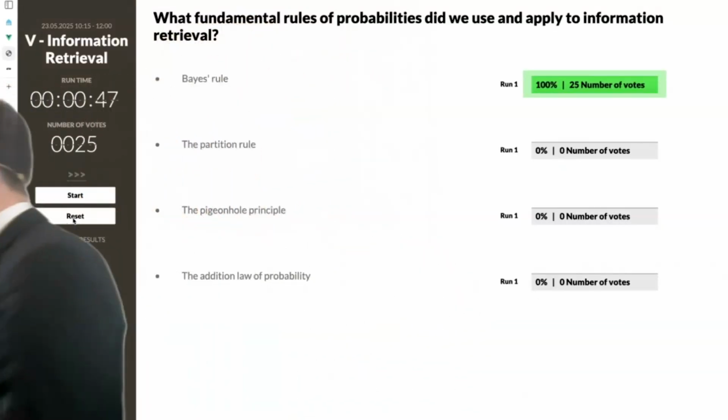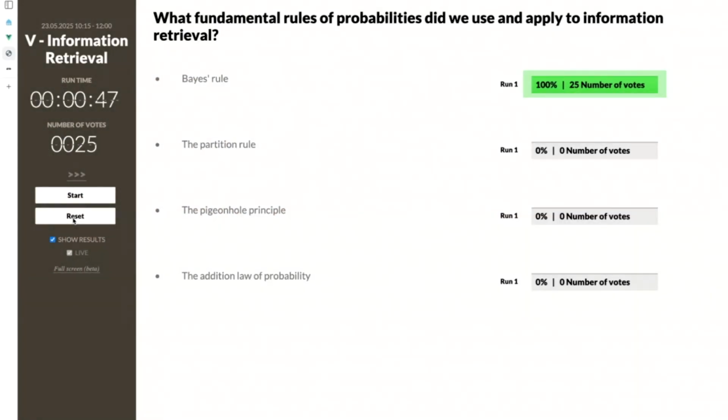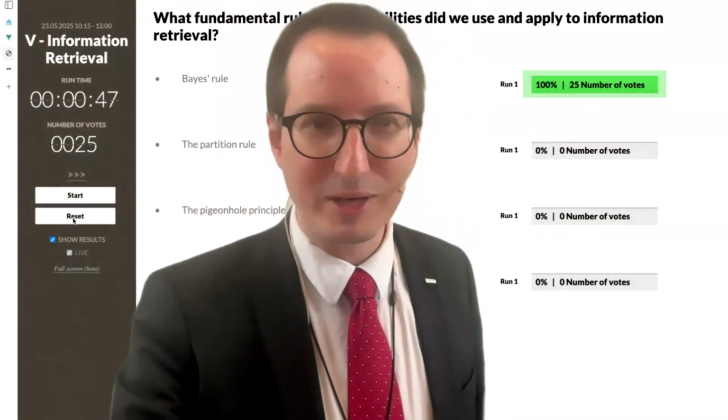And indeed, so the Bayes rule, this is the rule that you use when you're completely stuck and you need to compute conditional probabilities and have no idea how to do it. There's a good chance that the Bayes theorem is going to help you.